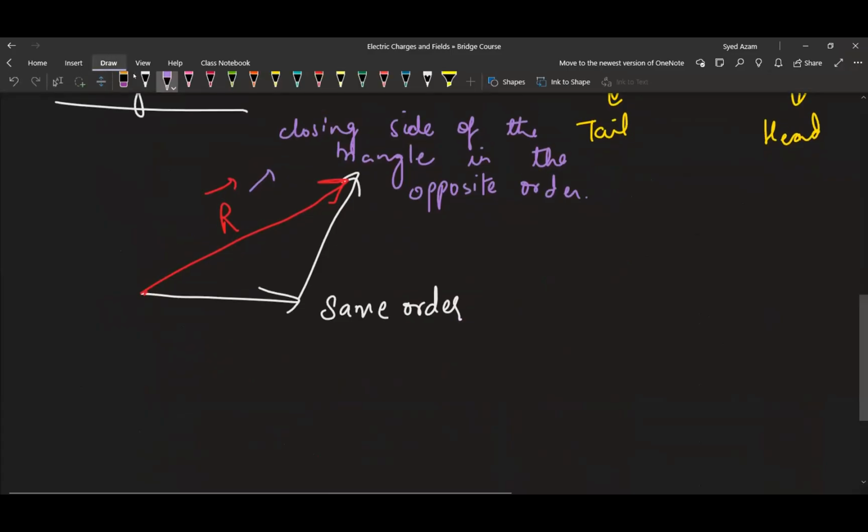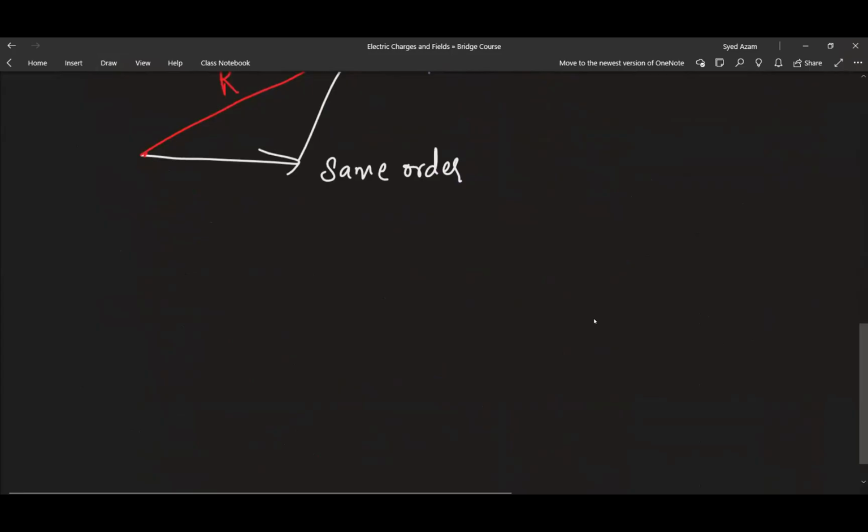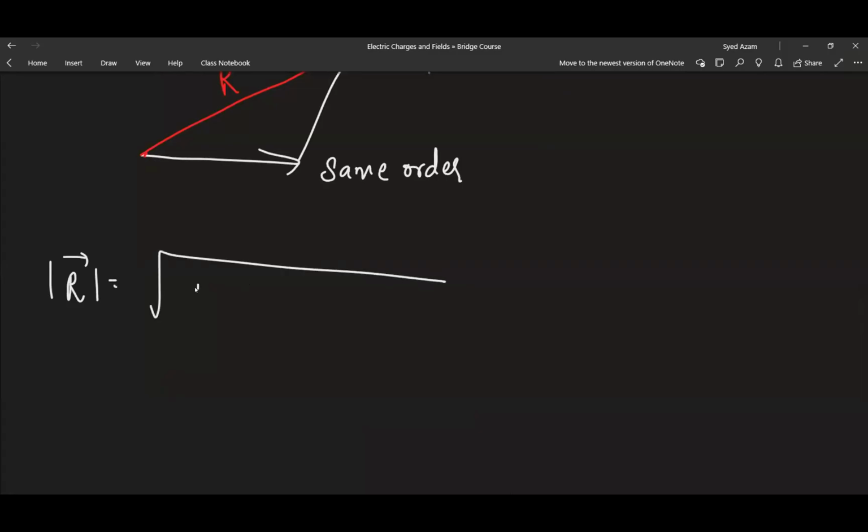But one thing is there: both of these have the same method for calculation of magnitude and direction. Suppose this is the resultant and you want to find its magnitude. Two vectors are there. So how will you take? P square plus Q square plus 2PQ cos theta.